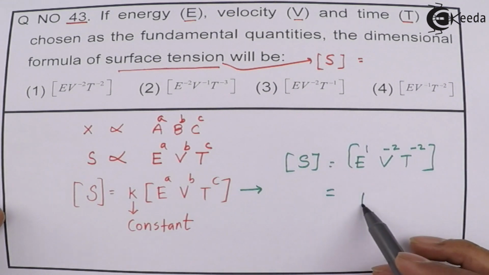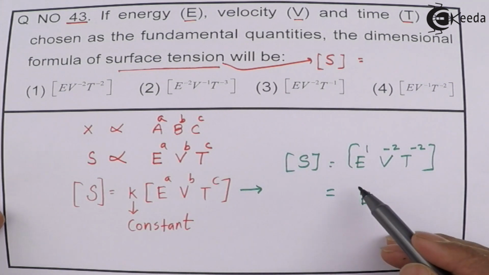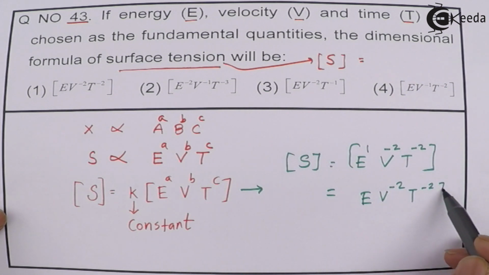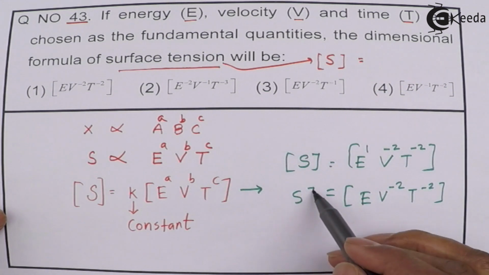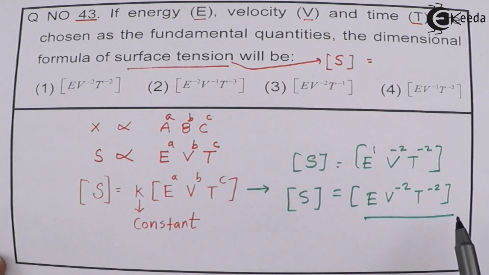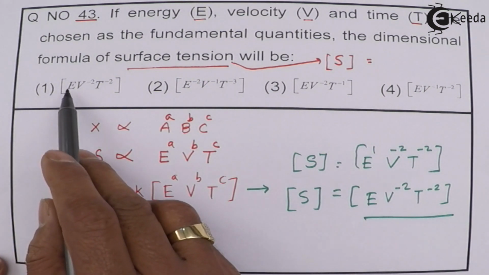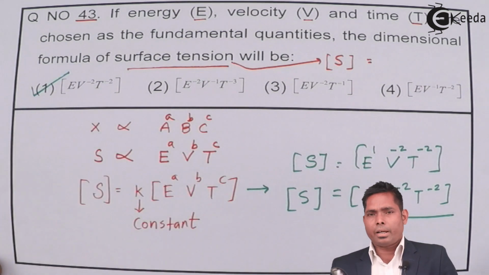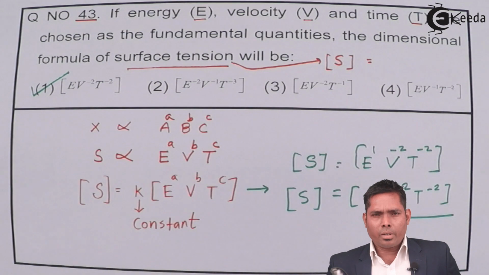So that means it is e to the power 1, v raised to power minus 2, t raised to power minus 2. So this is the dimension for surface tension. If I see the options, you can see that option number 1, e v to the power minus 2, t to the power minus 2, is the right answer to this question. Okay, thank you.